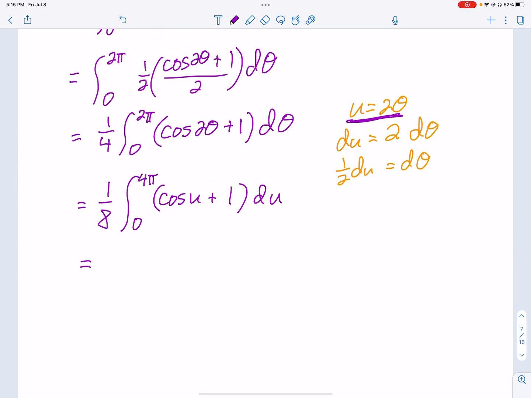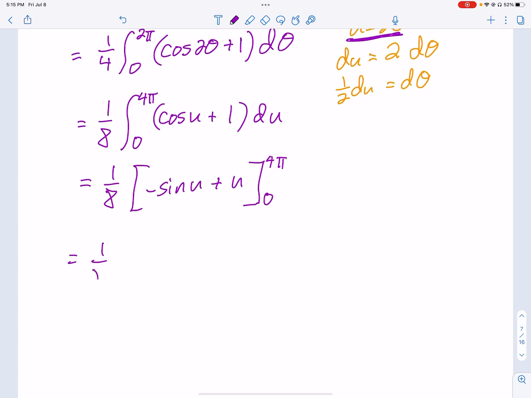All right, so now we can actually integrate our last step. You could throw that in a calculator if you'd like to. So the antiderivative of cosine u is sine u, plus u. And then we're going to run those bounds from 0 to 4 pi. So we get 1/8. I'm going to leave that out front of everything. Sine of 4 pi is a 0.